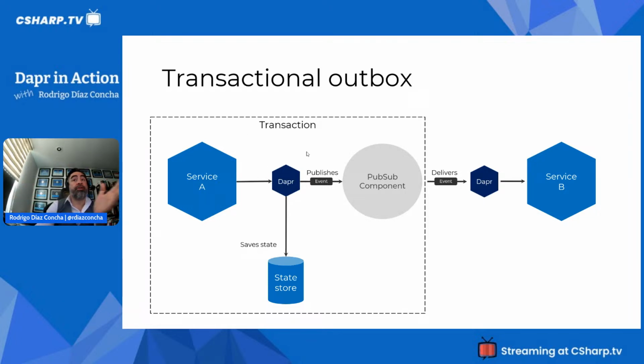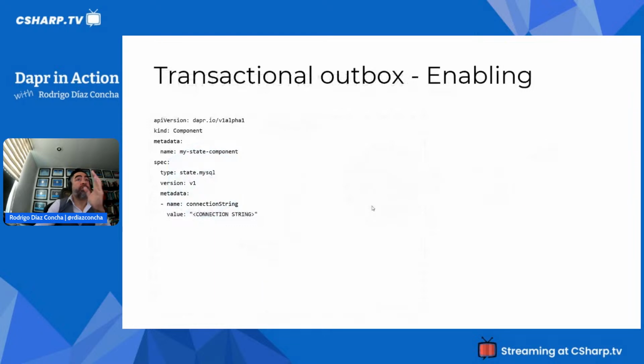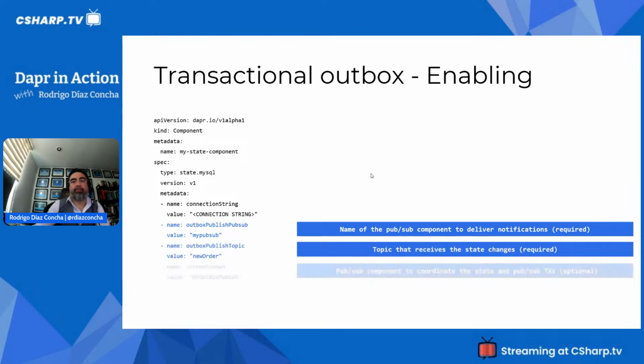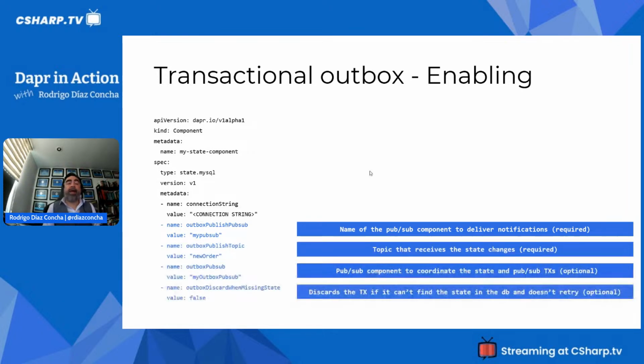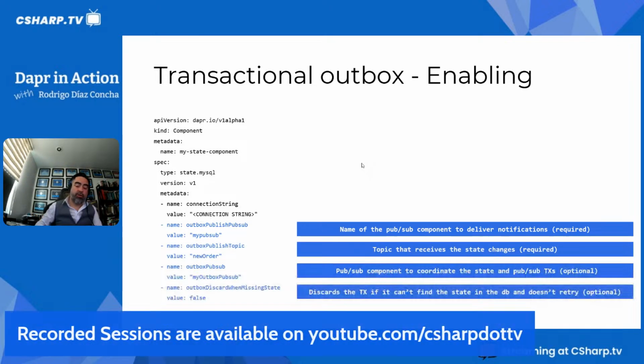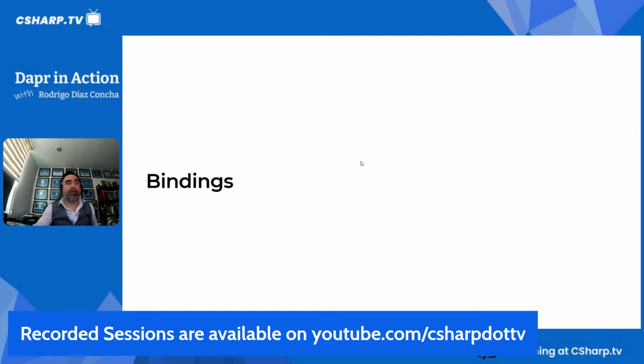Okay, this is for notifying the other component or application that something happened. So you have to enable transactional outbox inside your component. And I have some examples here. And again, I strongly suggest you go back in time and watch the recording of the state management building block.